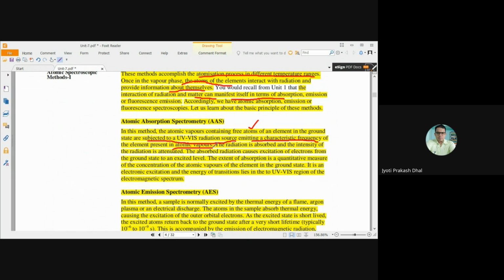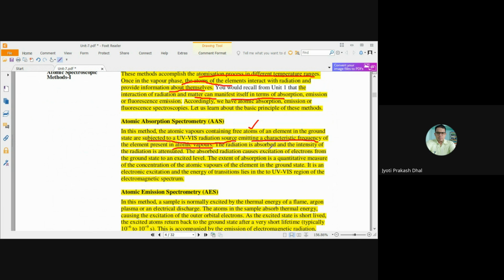When the sample containing free atoms of an element in the ground state is subjected to UV visible radiation, initially the atoms present in the sample are excited by irradiation from a particular UV visible source, and after that the electrons present in the atom go to the excited state, and again they come back emitting electromagnetic radiation of a particular characteristic frequency, and by analyzing that emission spectra we can know the different atoms present in the sample.